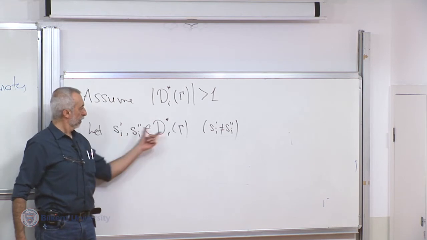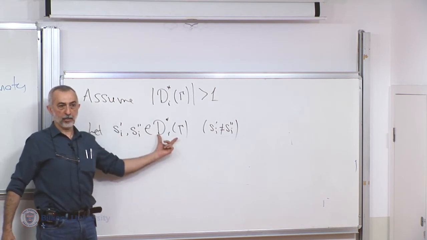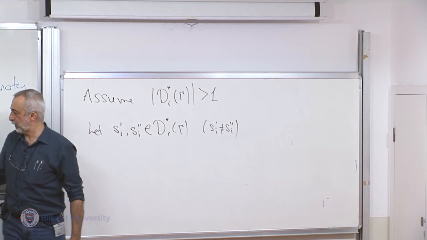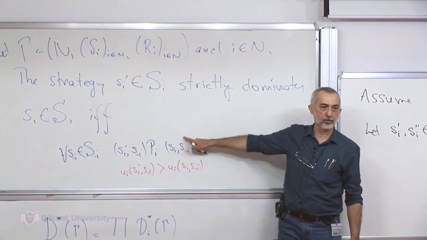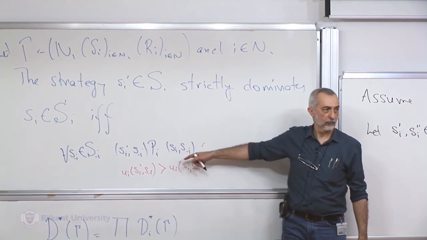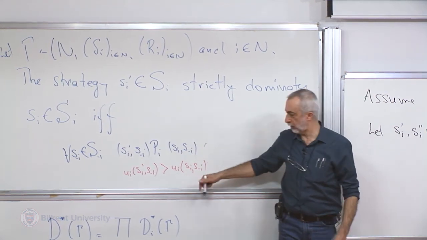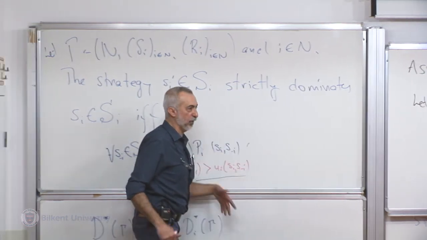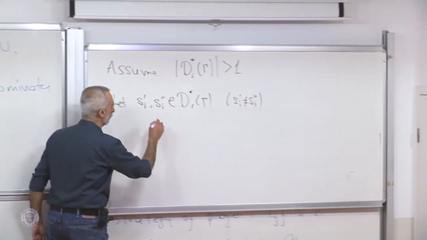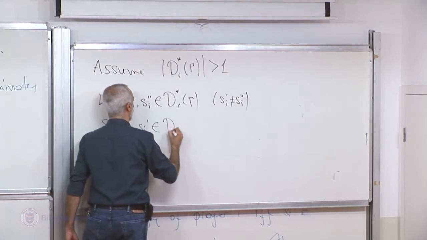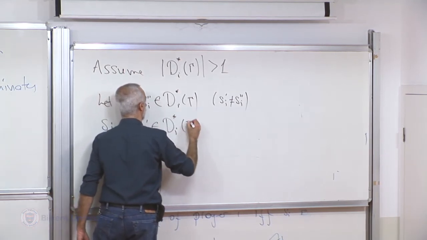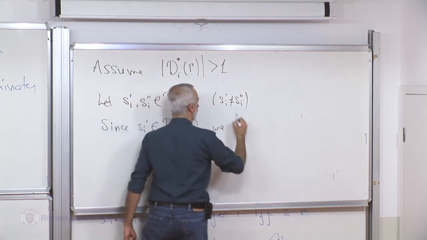Si prime being a strictly dominant strategy means that this condition holds. By the way, which one do you prefer? Numeric representations or preferences? Numeric representations, so economists are usually used to working with what they call utility functions, but numeric representations, so let's do it. Since Si prime is a strictly dominant strategy of player i, what do we have?